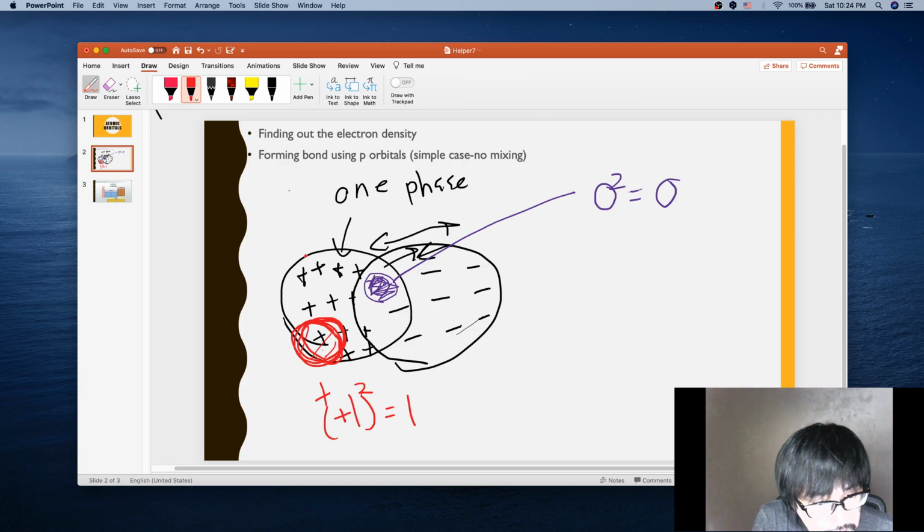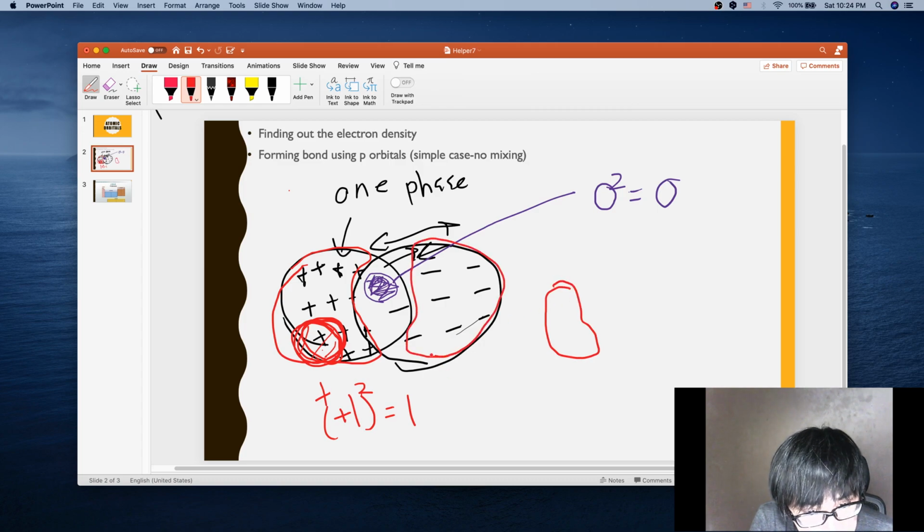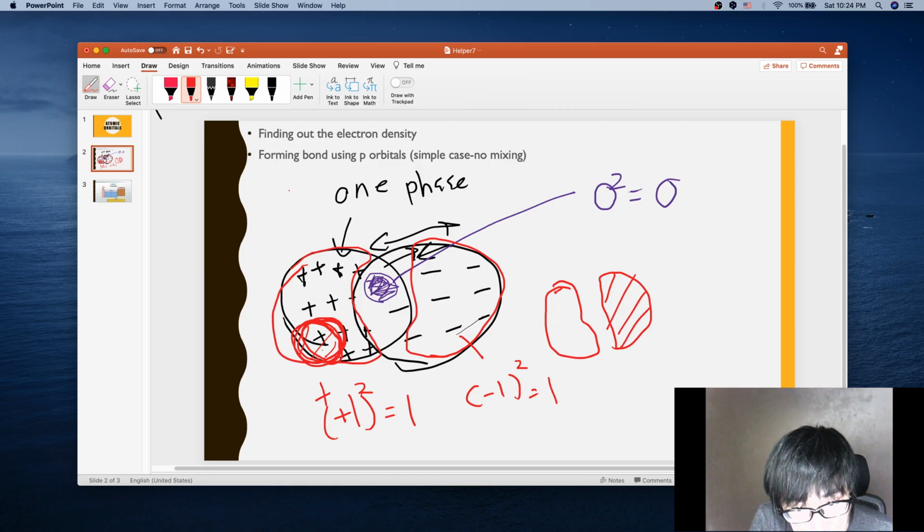So all of these guys have a positive 1 on this side, and all of these guys on the other side are minus 1 squared, which is also equal to 1, right? So on both sides I have good electron densities, which is 1. But in the middle, there is no electron density.